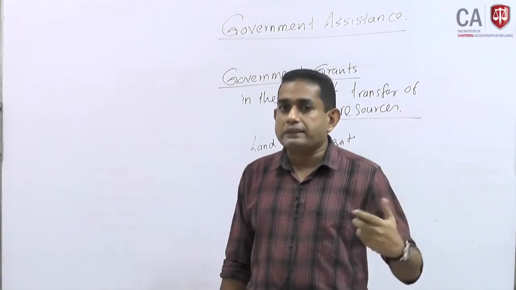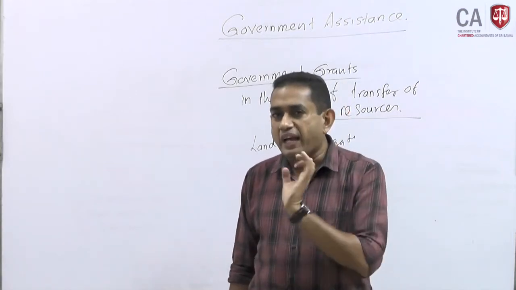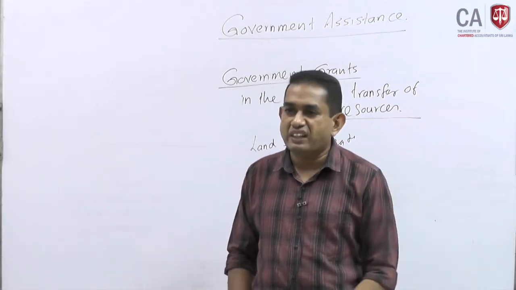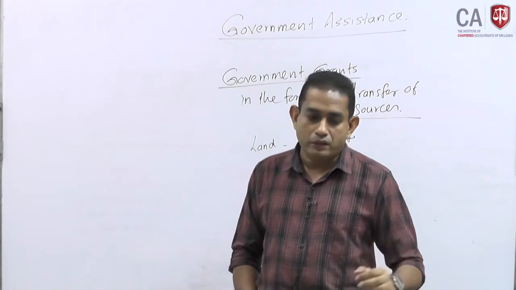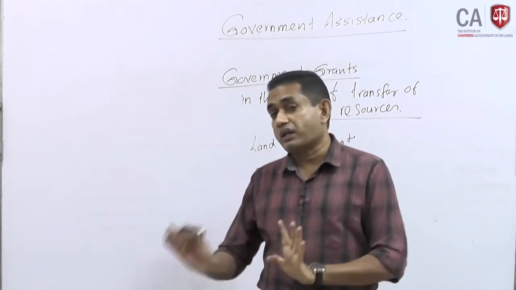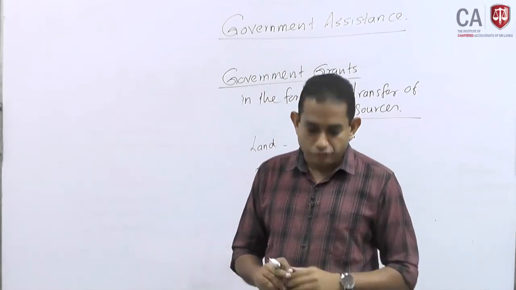So, what makes a government assistance a government grant? It has to be a government assistance which is in the form of transfer of resources to the final specific entity or range of entities. So, that is how you distinguish government assistance from the government grant. That understanding is absolutely important in moving forward.